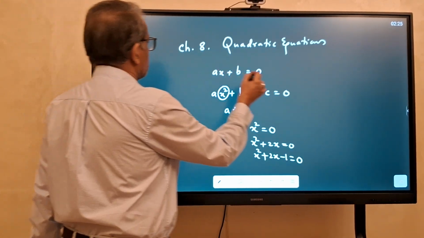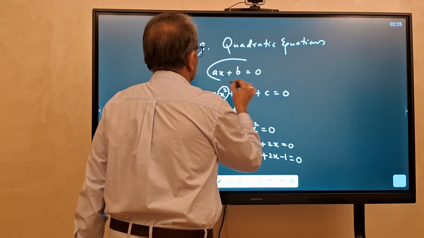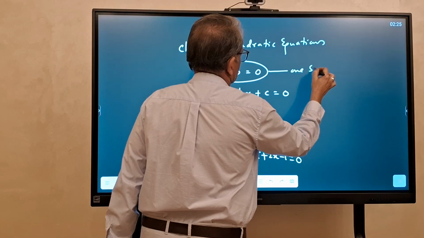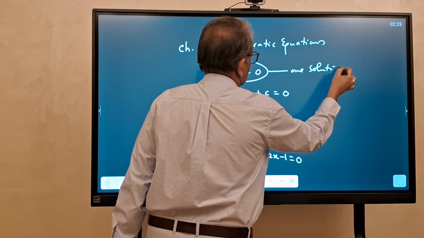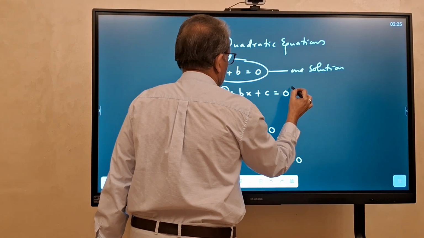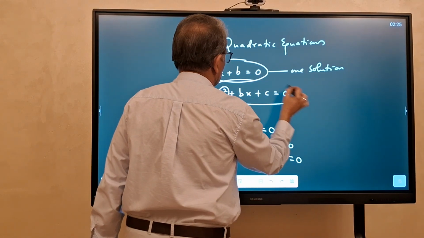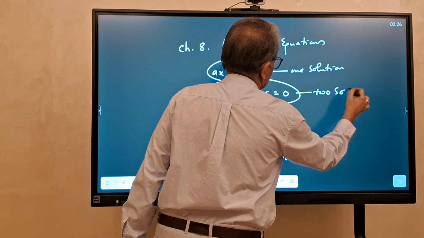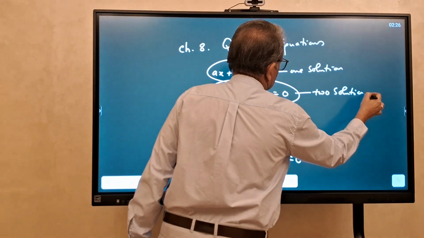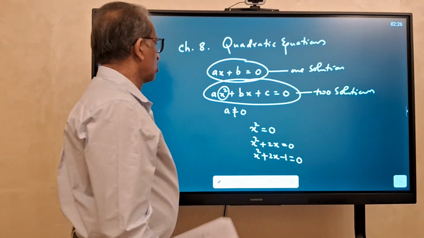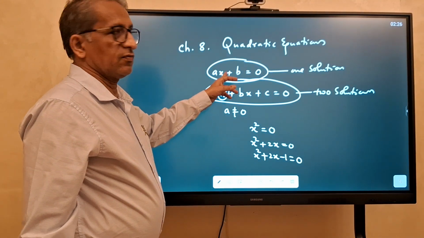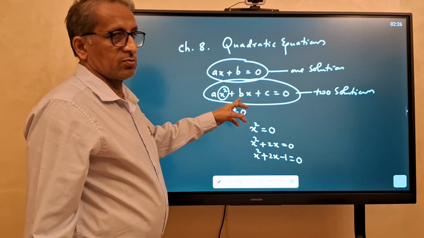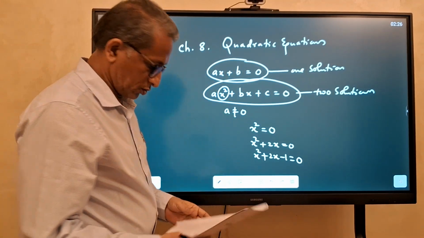What we have seen in chapter 7, that whenever we have a linear equation, we have one solution, and whenever we have a quadratic equation, remember we have two solutions. So solving a linear equation means finding one solution, solving a quadratic equation means finding the two solutions.